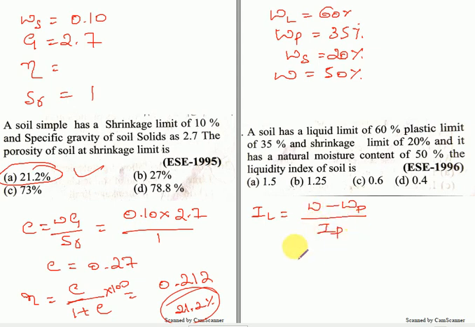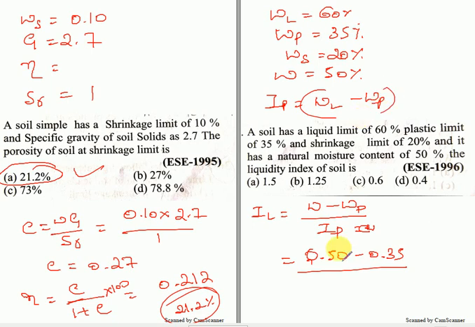So the value of W is 50 percent, I'll take it as 0.50, minus WP, which is 35 percent, written as 0.35, divided by IP. IP is equal to WL minus WP, so WL is 0.60 minus WP is 0.35. If I calculate this, I'll get the answer as 0.6.